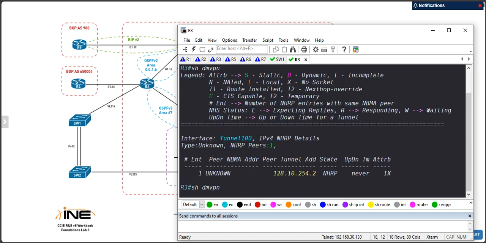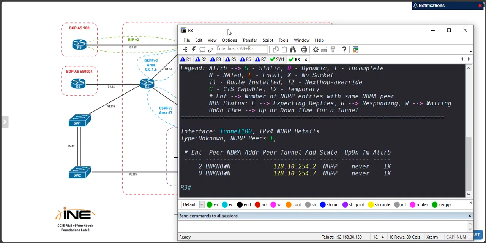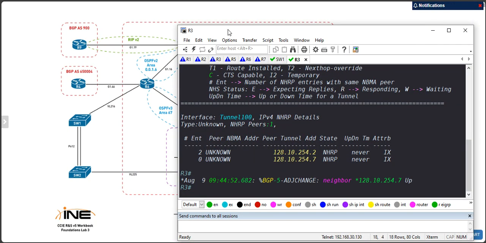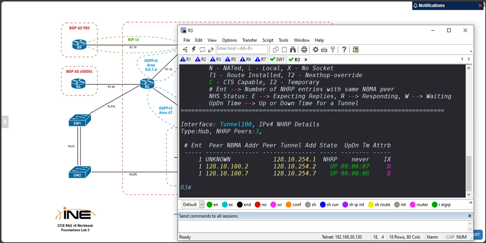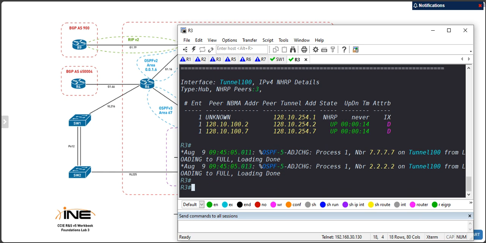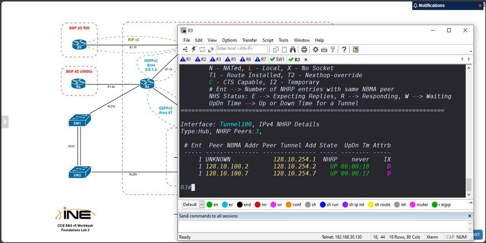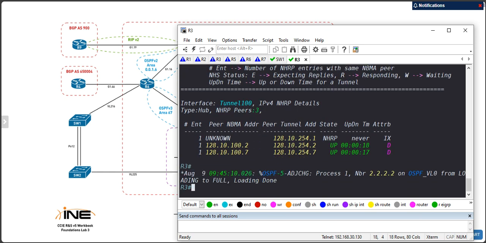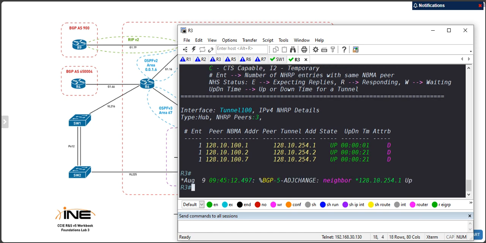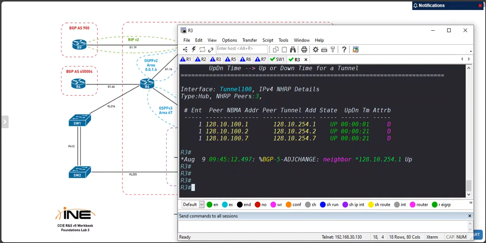Let's see. This is up. The other one is up either. OSPF is up, tunnel is up. Okay, this is up.